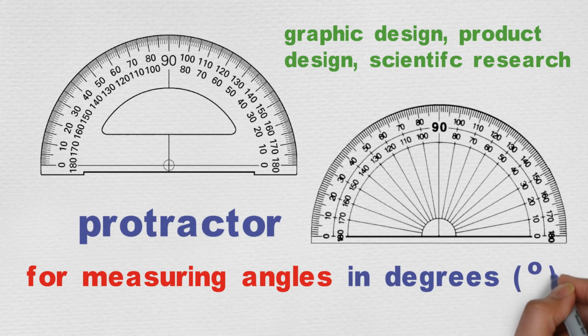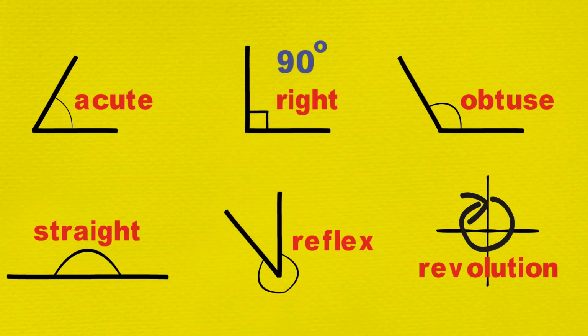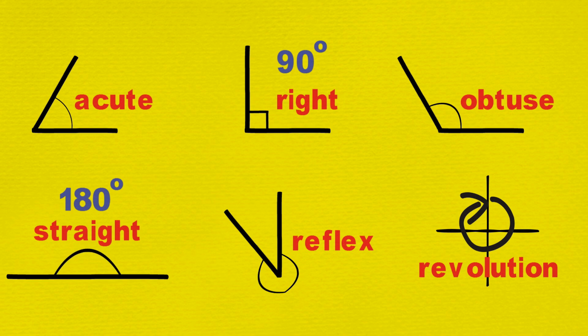This is the symbol we use for degrees. There are 90 degrees in a right angle, so therefore there are 2 times 90, that is 180 degrees in a straight angle, and 4 times 90, that is 360 degrees in a revolution.